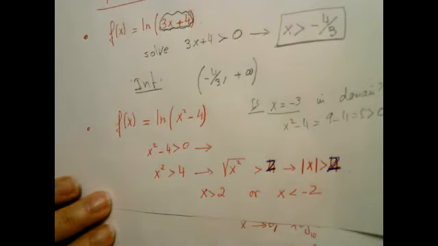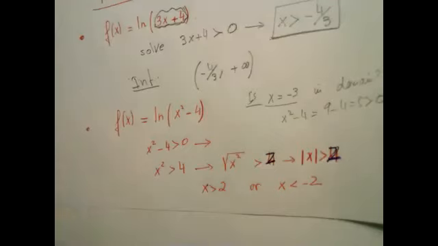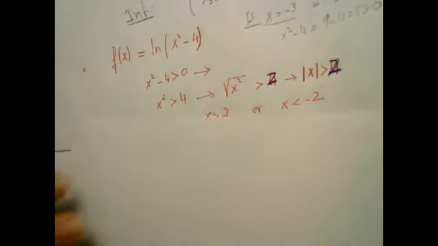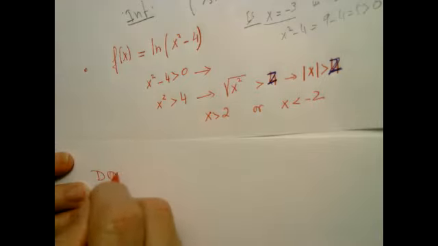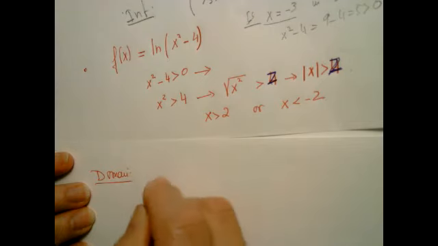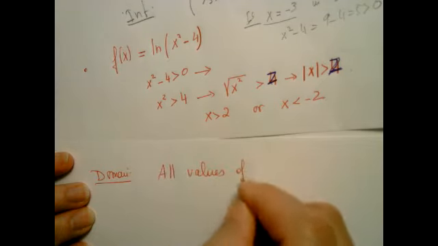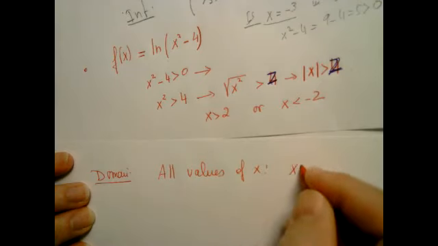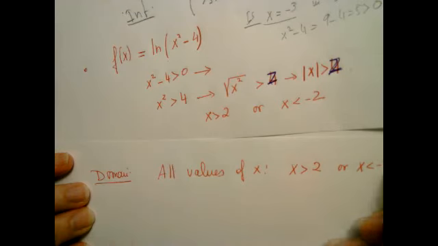Okay, so the domain, now you can write it in 2 ways. One way is as follows: all the values of x such that x bigger than 2 or less than -2.